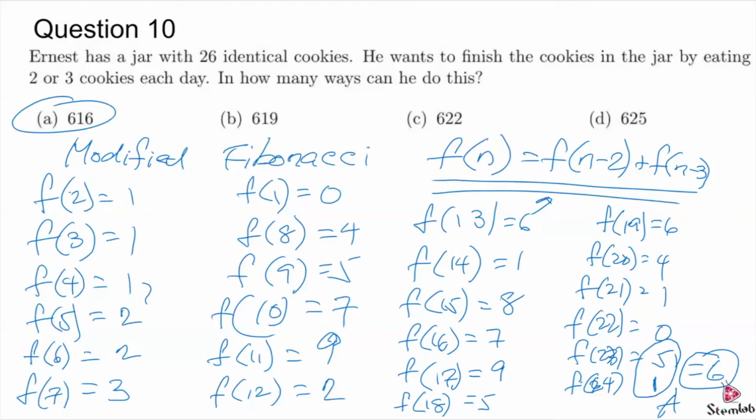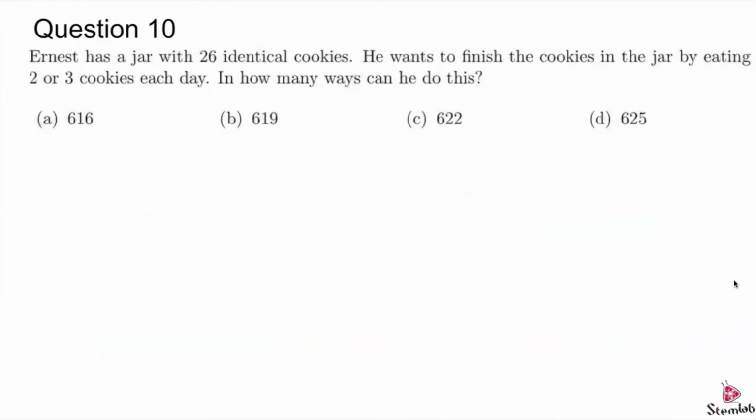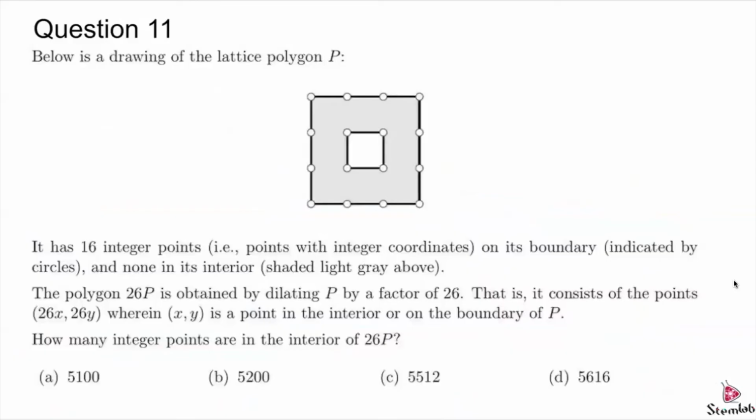Okay. Moving on to the next question. Okay, below is a drawing of a lattice polygon P. It has 16 integer points, points with integer coordinates, basically, on its boundary, indicated by circles, and none in its interior.